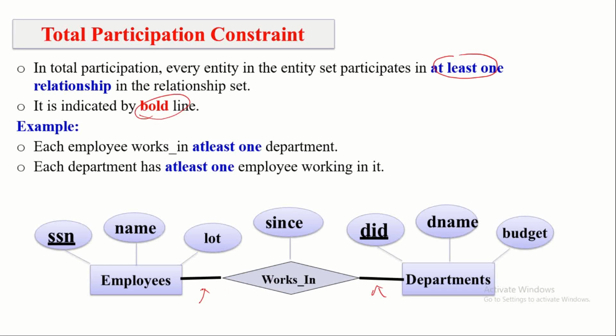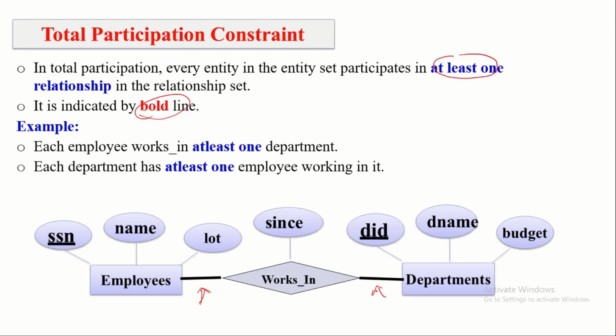It illustrates that total participation constraint exists between both the entity sets and the relationship set. Coming to this total participation constraint, each and every employee works in at least one department.